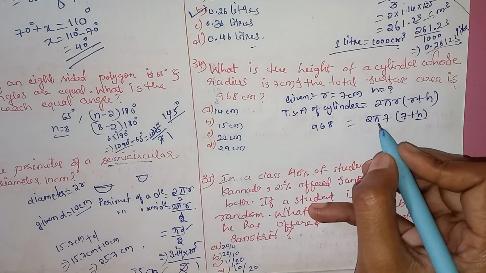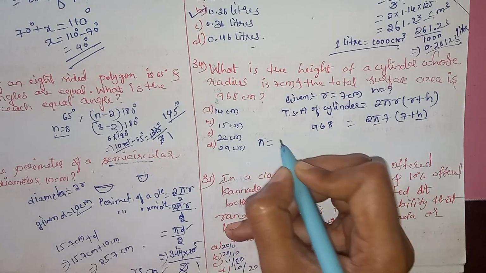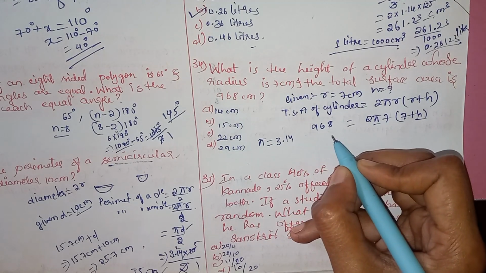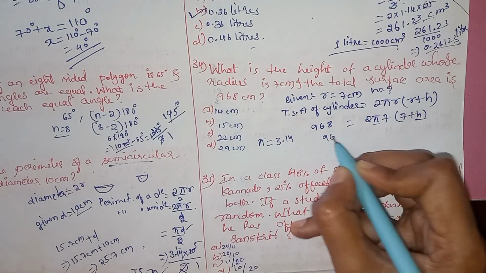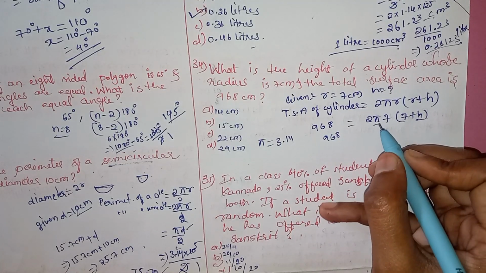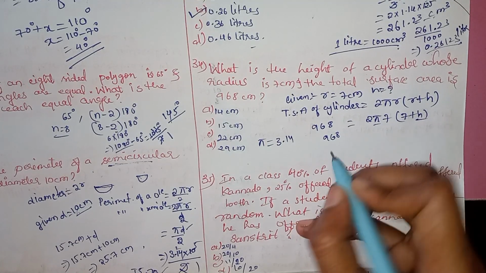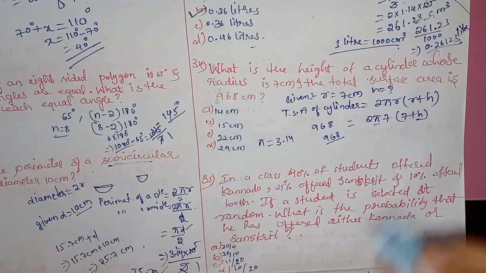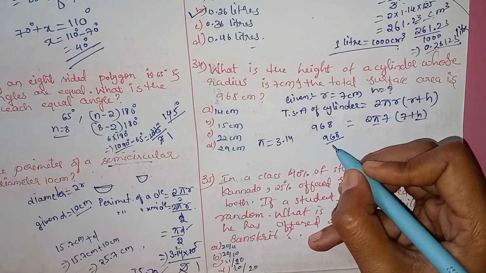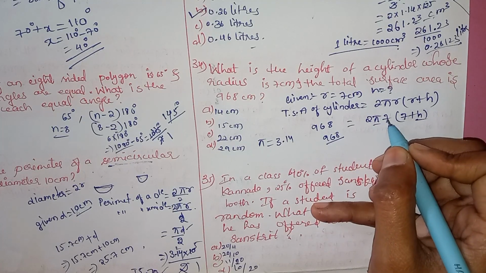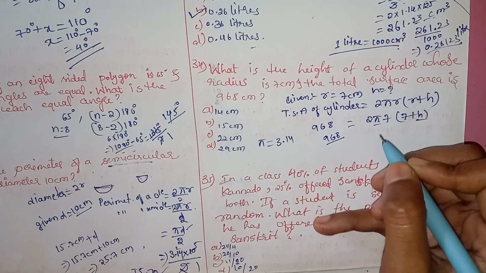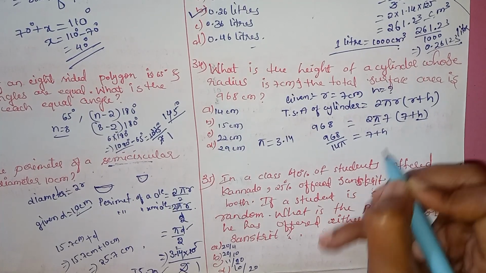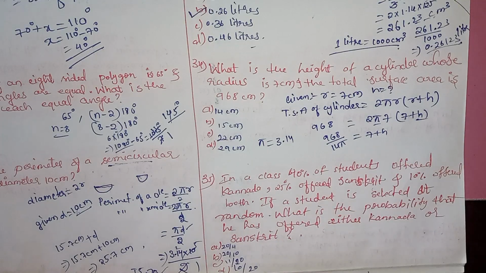Substitute the value of pi as 3.14. So I will take this on the left side and keep pi as it is; later on we can multiply or divide the number. What is 2 into pi into 7? That is 14 pi, equal to 7 plus h. Solve this equation.